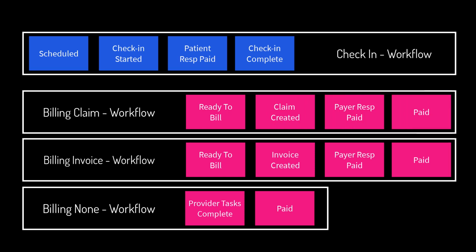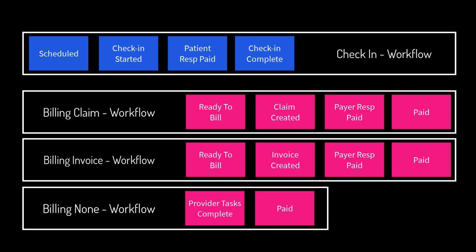This workflow structure around your processes is useful as it gives you the ability to query off of the statuses to determine where items in the workflow are. So for example, as the billing administrator, I would like to know all the encounters that are ready to have claims created and sent off to be billed.